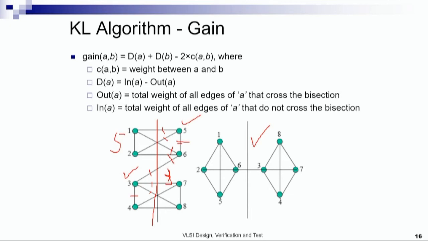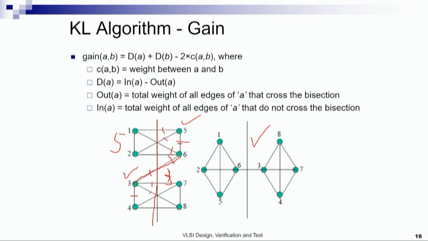However, this edge that connects 6 and 3, we need to decrease the cost of this edge. So the gain has to be decreased by the cost of this edge, and that is also twice, once for 3 and once for 6. 3 was an outedge for 6.